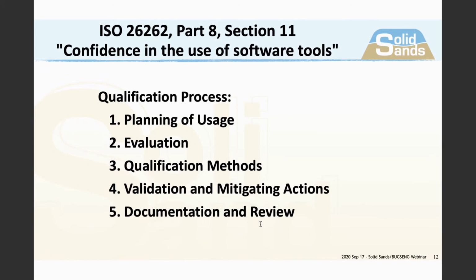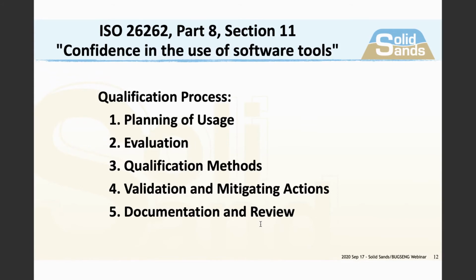And then step 4 is actually the big amount of work where you do the validation, the testing of the compiler, and you also define these workarounds, the mitigating actions for the problems that you have found. And finally, you have to nicely document this. And depending on the confidence level and the ASIL level, you may have to instigate an external review as well.